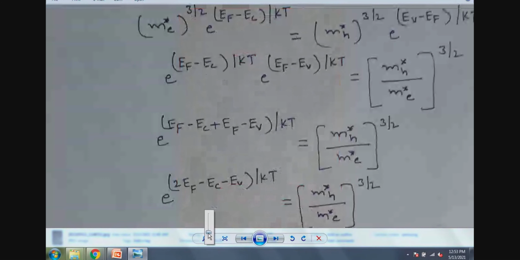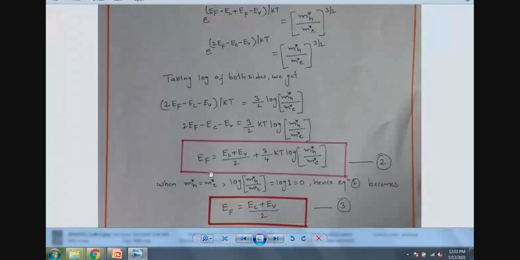So this is about the intrinsic semiconductor. Okay, so this is the expression to find the Fermi level in intrinsic semiconductor. Okay, it is clear. Yes, sir. Today you have derived three equations. One is density of electrons, one is density of holes, and you're finding the Fermi level.